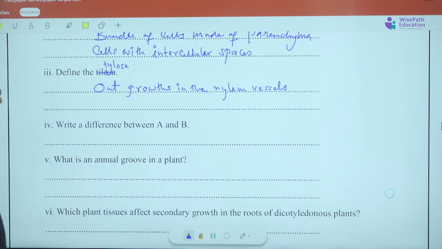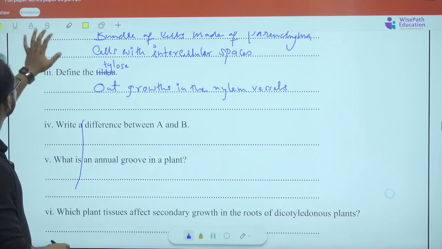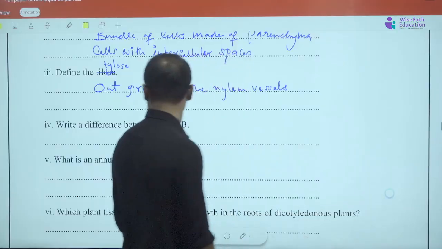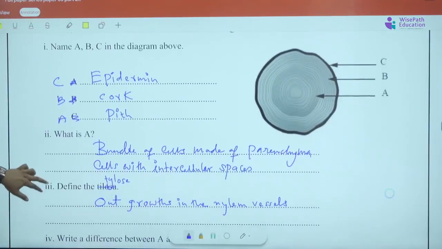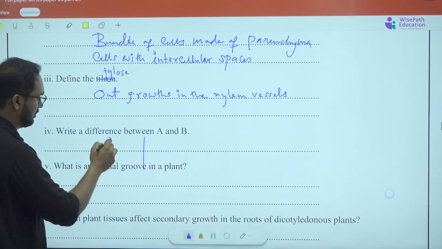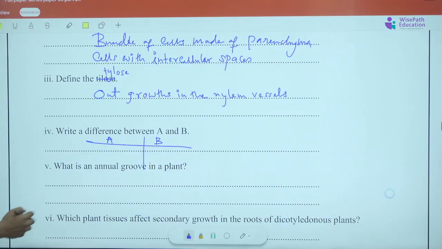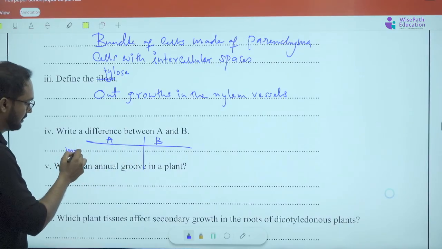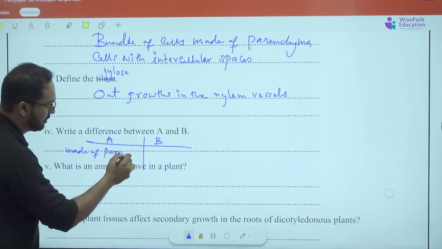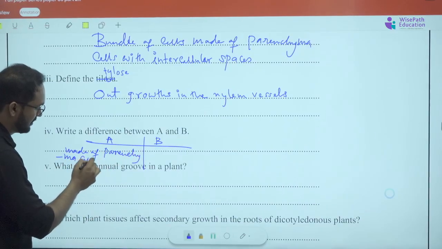What is the difference between A and B? A B හරියට හොයාගන්න වෙනවා first thing. So A is pith නේ. අපි එහෙම ගමු. A B කියලා ගමු. A එක pith එක made of parenchyma cell layers.